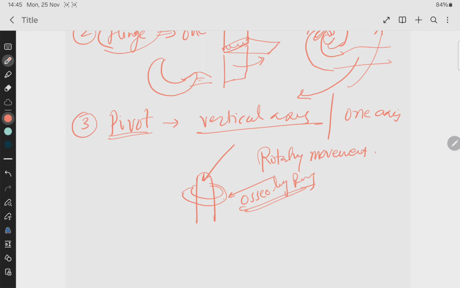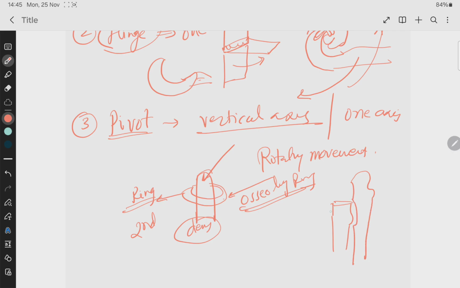An example is the median atlantoaxial joint, in which the second vertebra has a rod-like structure called the dens, and the first vertebra acts as a ring which rotates over this, so the ring moves and the dens is fixed. And in the superior radioulnar joint, the head of the radius is like this, and there lies the ulna over here.